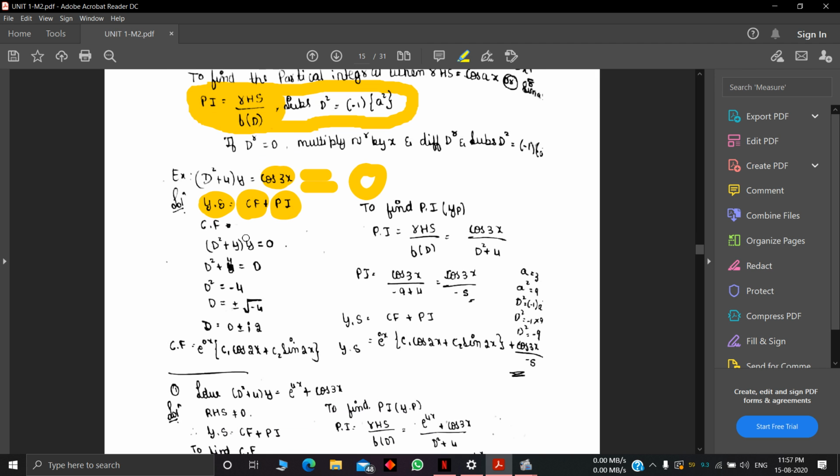So we are finding the CF and PI separately, and as I said, the formula to find the PI is RHS by function of D, and the function of D is nothing but D square plus 4, which is this part of the question.